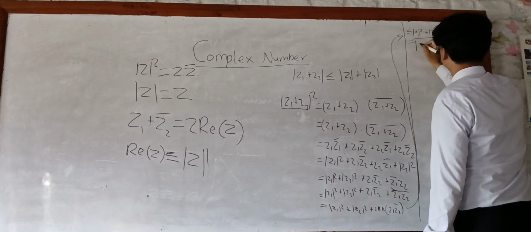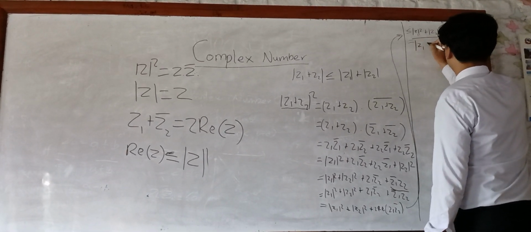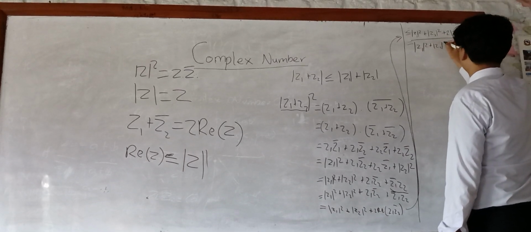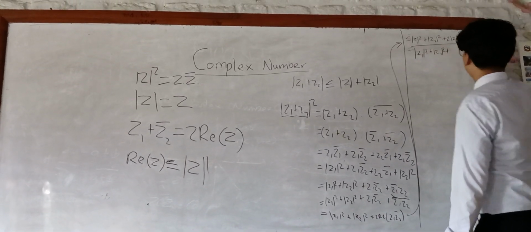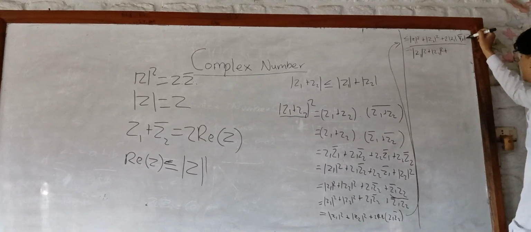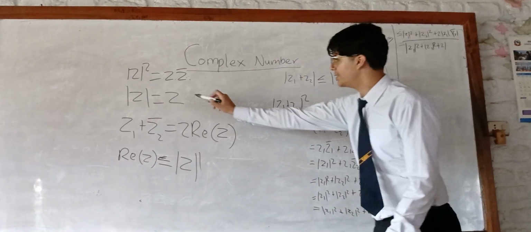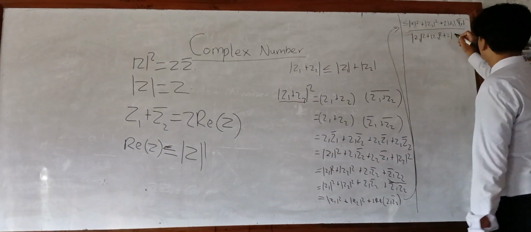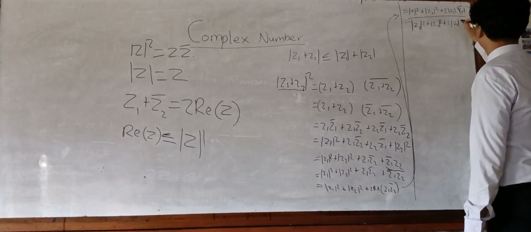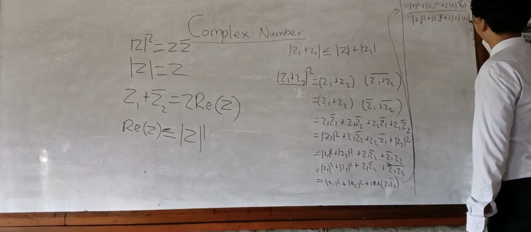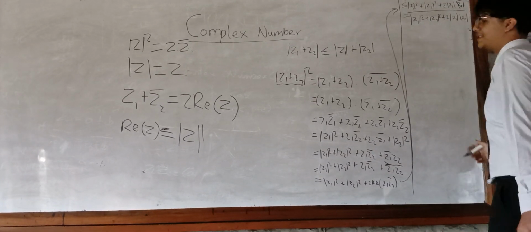So we need to remove this bar, and as it is modulus, we can just remove it easily by using this property. And now we're at the final stages.